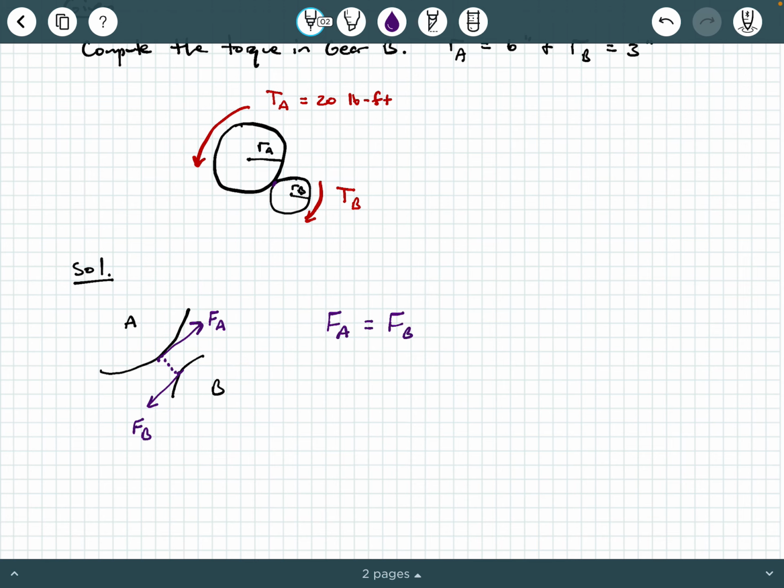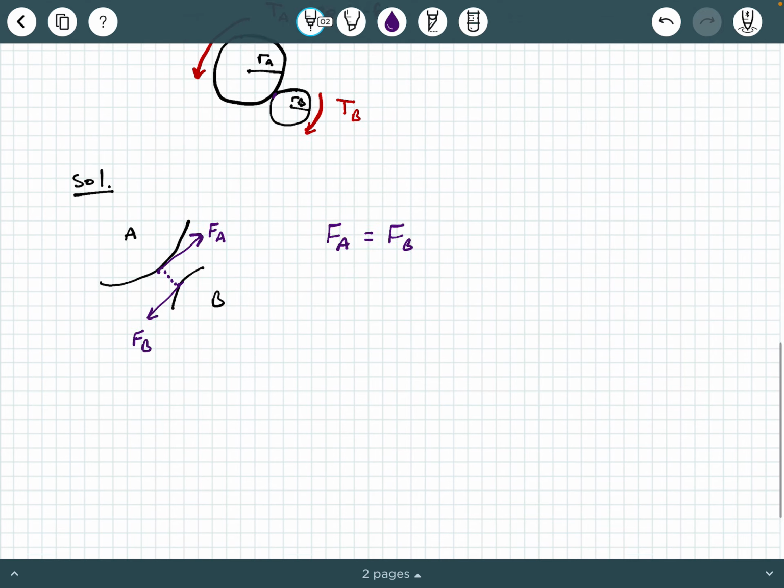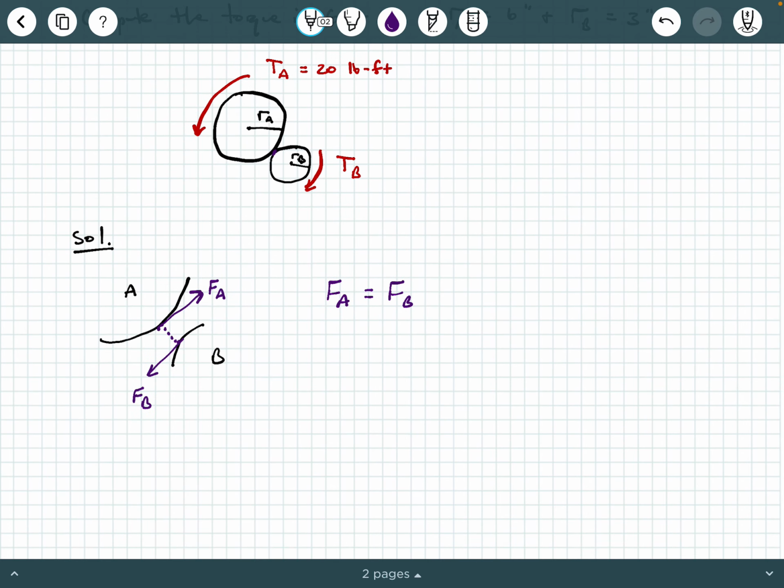So what do we do with this? Well, we know that the definition of torque is force times radius, okay?